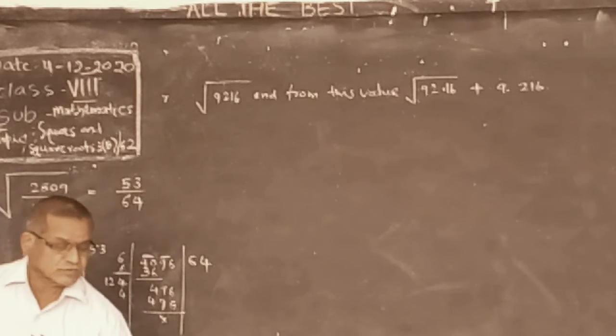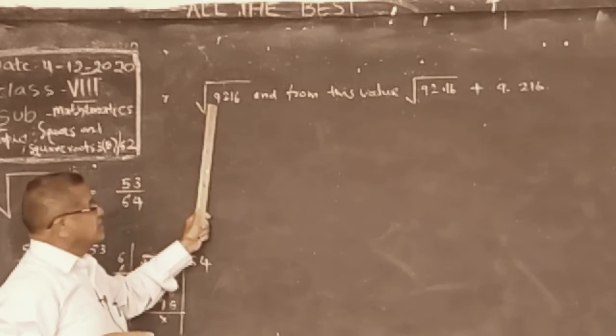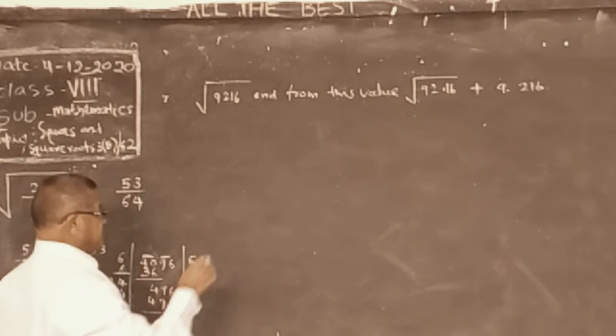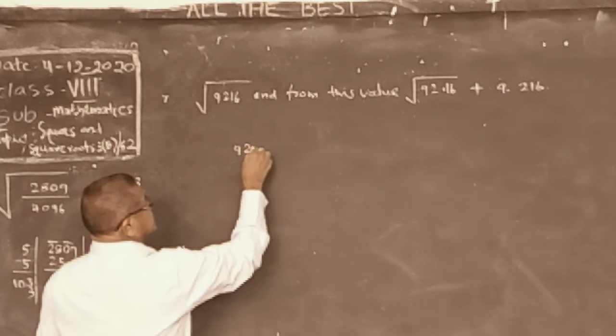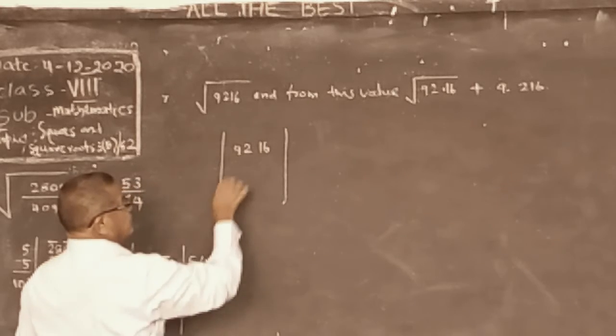We have to find the square root for this. The square root of 9216, make pairs first.